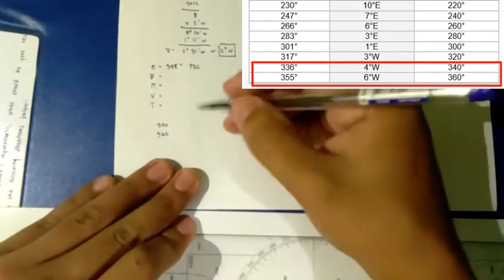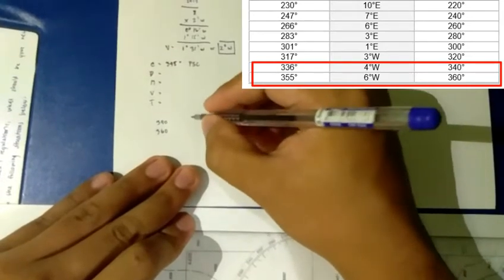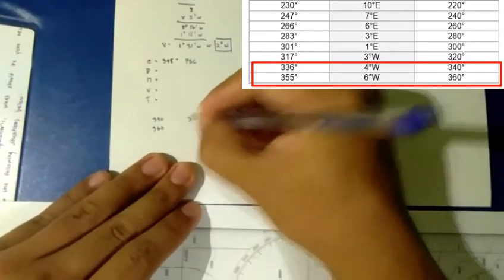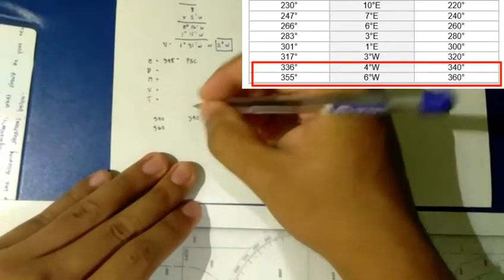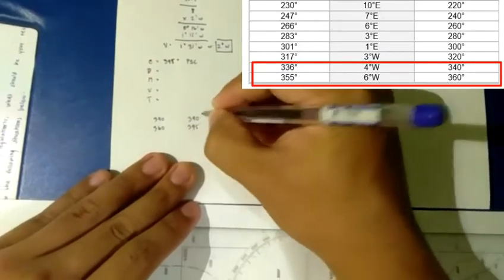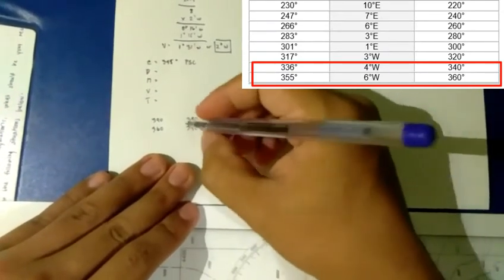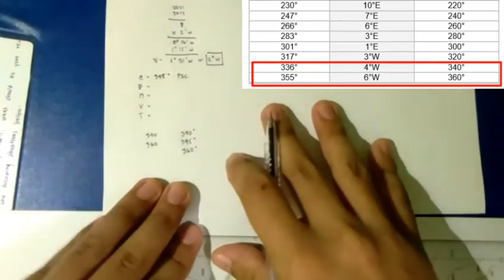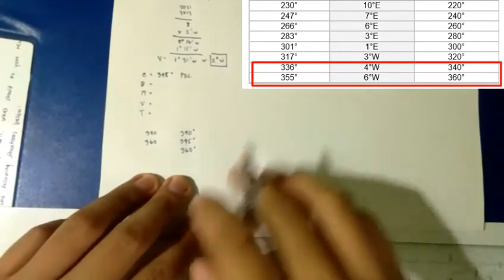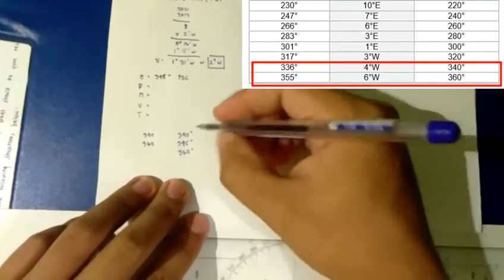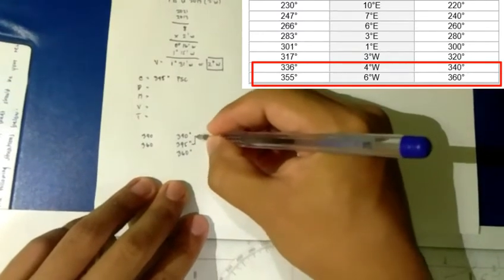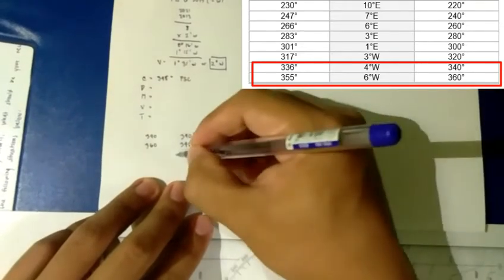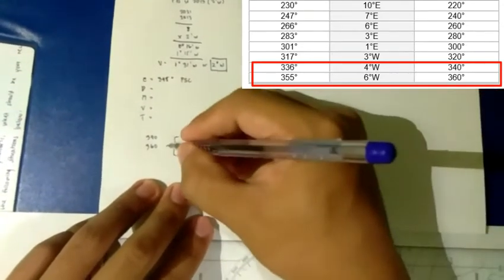So first thing we need to do is, since 345 is in between 340, we will write the 345, and also between 360. So in this part, we will find the difference of the 345 and the 340, which is 5 degrees, and the 360 and 340, which is 20 degrees.